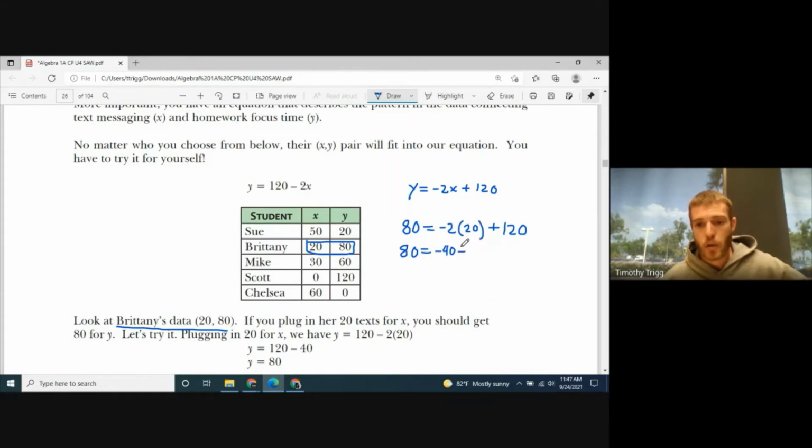Then we have a plus 120. So this will be 80 equals, and then -40 plus 120 is 80. So notice it works, right? These are equal. So that's one way we could always check to make sure that this answer is correct, that we should be able to plug the points in and make sure that it produces a correct statement.